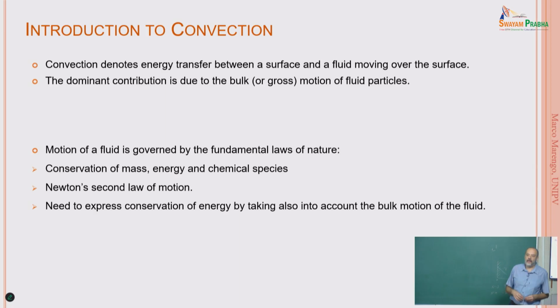Yesterday, we had a lesson about conduction mainly, with the different parameters: heat capacity, thermal conductivity, diffusivity, and so on. But as I said from the very beginning, there is also the second way of transferring energy, which is convection. Convection means that we have the transfer of energy between a solid surface and a fluid that is moving, gas, liquid, whatever.